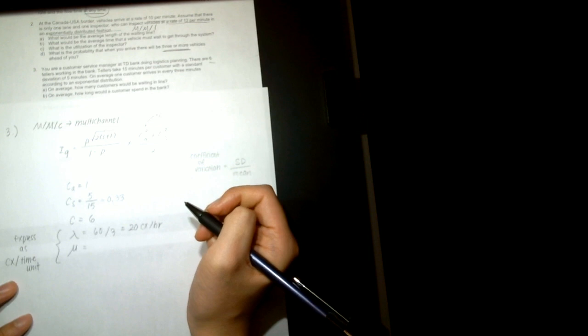So what you do is 60 minutes in an hour divided by 3, which equals 20 customers per hour. And the second will be 60 divided by 15, and it will be 4 customers per hour.